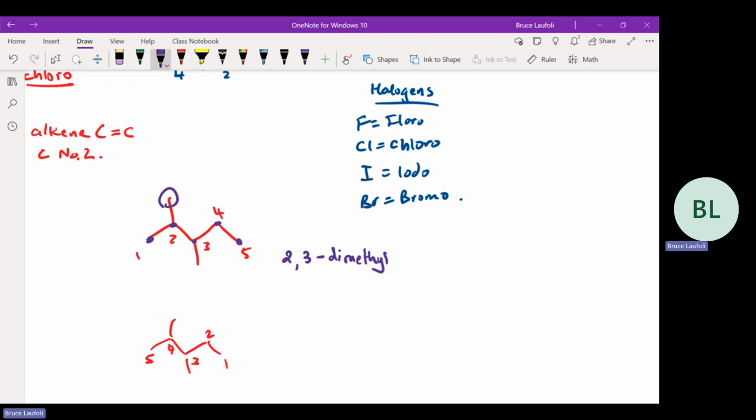We have one here, one here. And this shows the location of the methyl groups. So we got 2, 3-dimethyl. The longest chain is 5, so then we will say pentane. So that's the correct name for this compound.